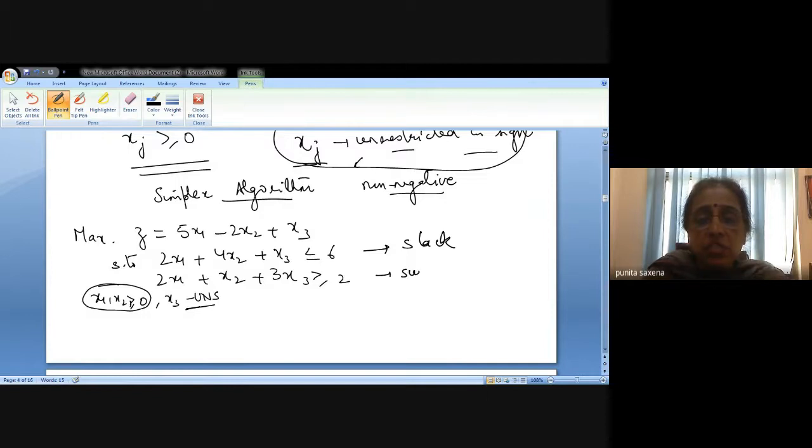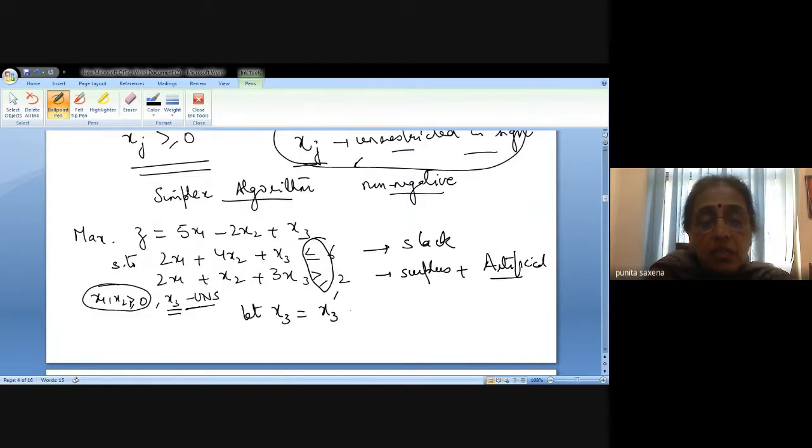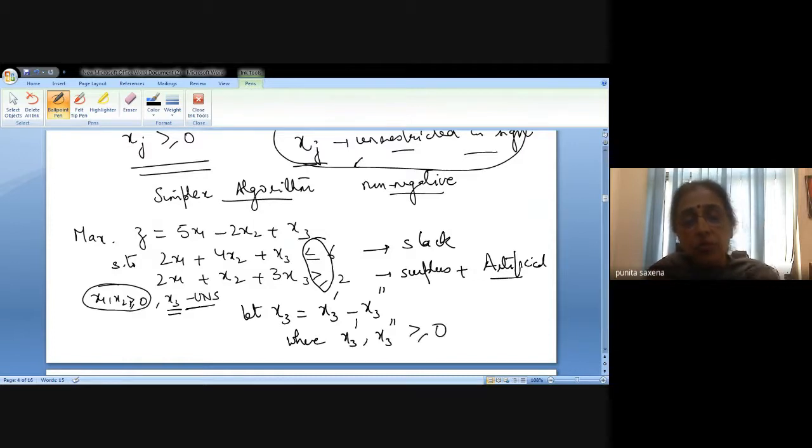And in this constraint, you will have a surplus x5 plus an artificial a, right? That is okay, the constraint part is taken care of. Now, how to handle x3? What we do is, we say let x3 be written as x3 dash minus x3 double dash, where both x3 dash and x3 double dash are more than or equal to 0.